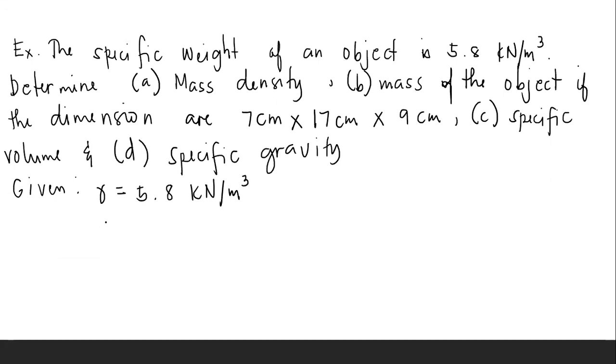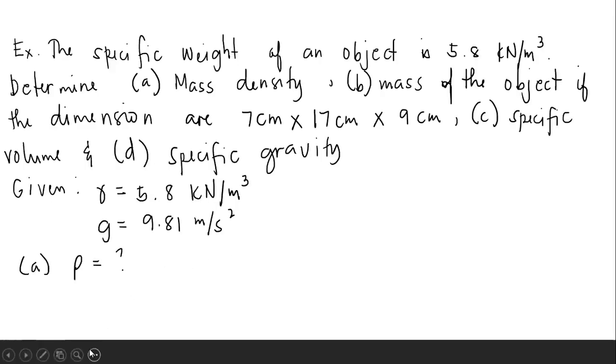The constant value for the gravity that we're going to use is 9.81 meter per second squared. For letter A, the requirement is the density.